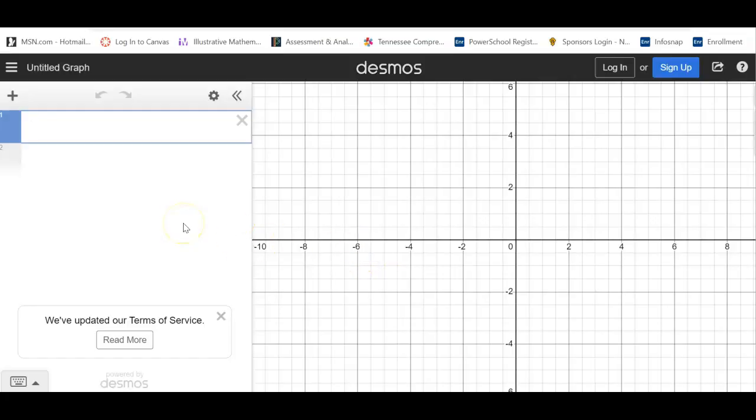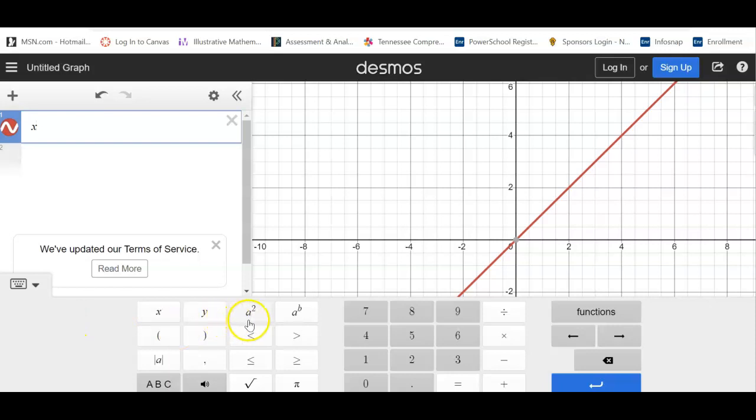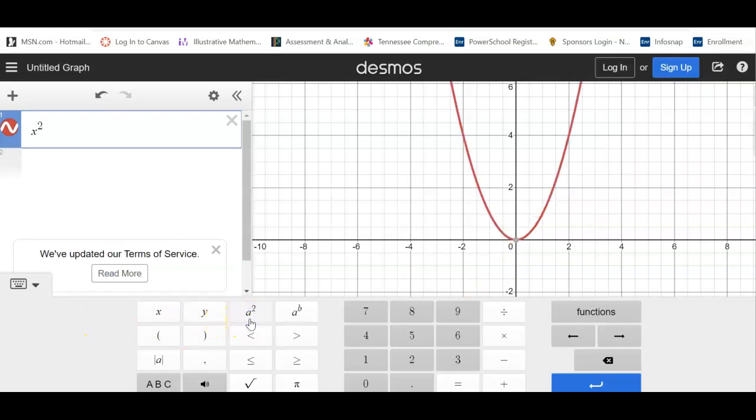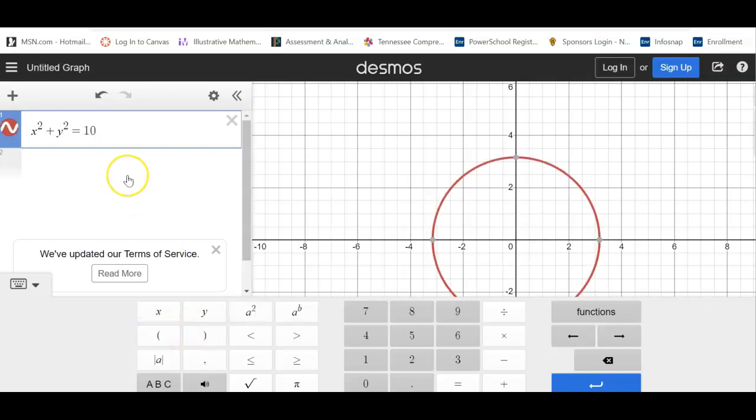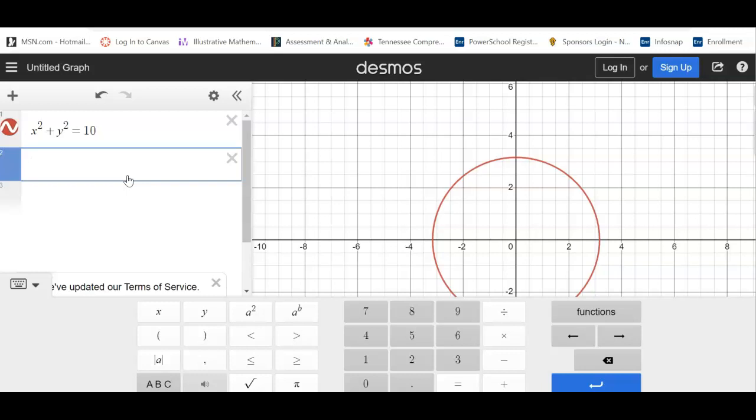All right, so if I go here, I can type in my 2 equations. So I can do x squared plus y squared equals, what was it, 10? And then, so there's my circle.